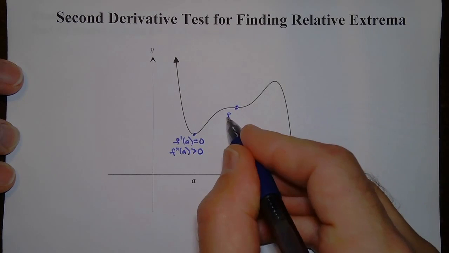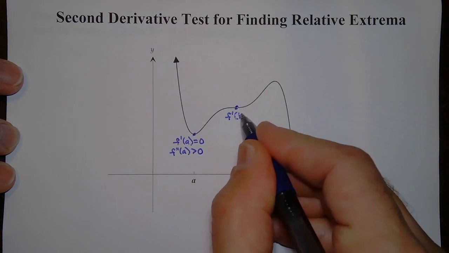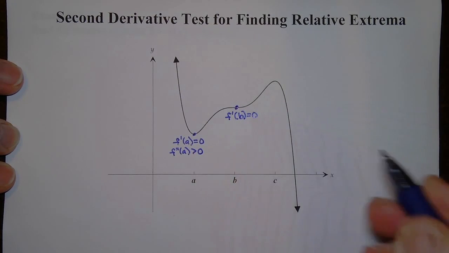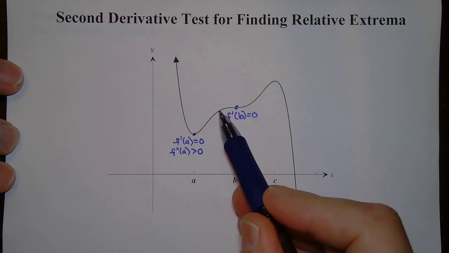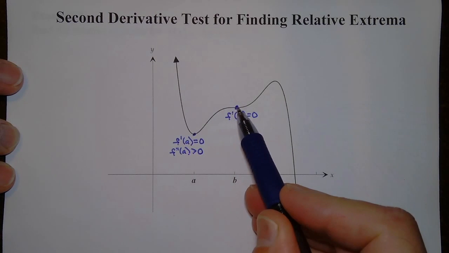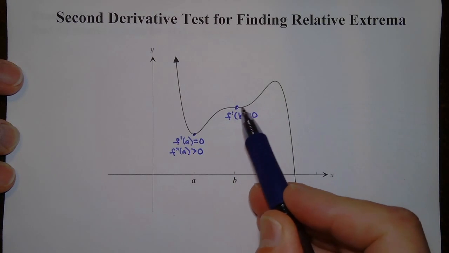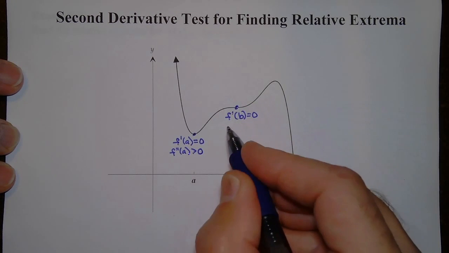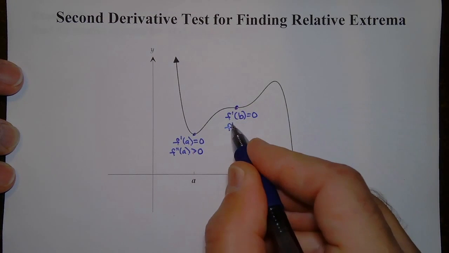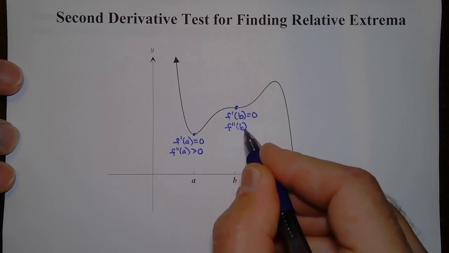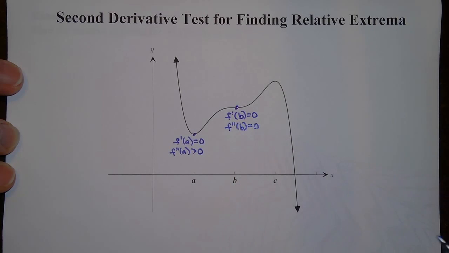Well, that would mean f prime of B equals 0. And there, we can't tell the concavity because right before it looks like it's concave down and then right after, concave up. So that looks like a point of inflection. So that would mean f double prime of B equals 0 also, okay?